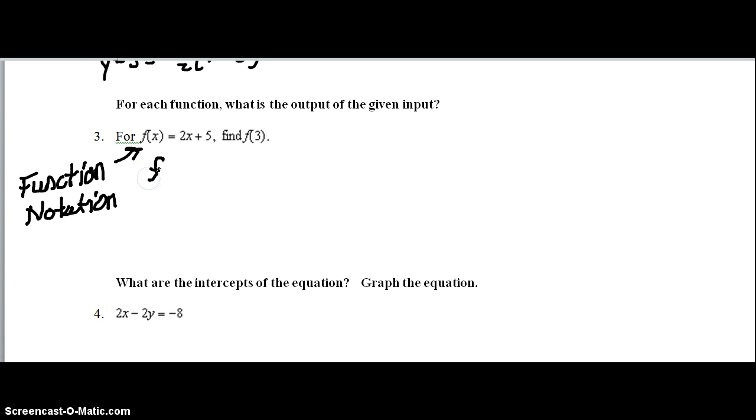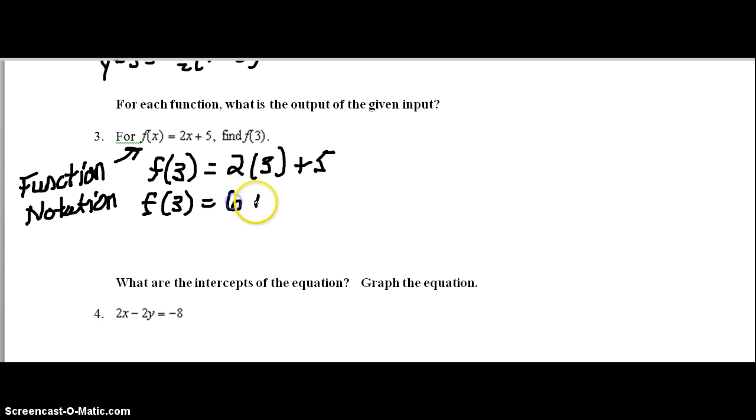So we're going to write this funny looking f, plug in a 3, and this says when I plug 3 into this function, it's going to look like this. 2 times my x value plus 5. So when I take this function and I plug in 3, it's going to look like this. 2 times 3 is 6 plus 5. And again, when I plug into this function 3, it's going to look like 11. This is true function notation.